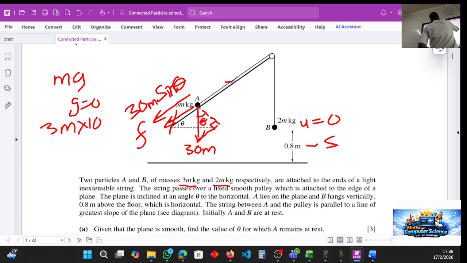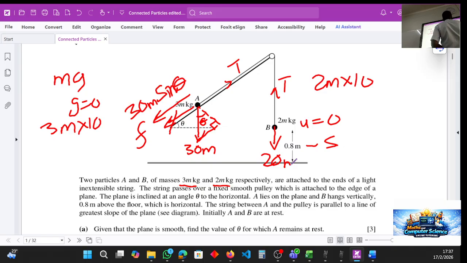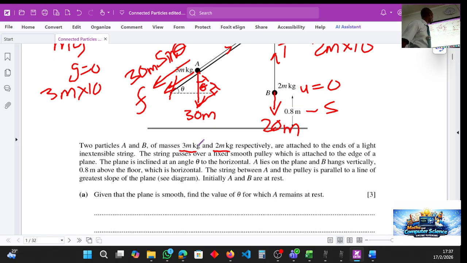And within the string, going upwards, we have tension. And even here, opposing the weights, we have tension. But going downwards here, we have the weight of the object, 20m. Now, because we were told that the plane is smooth, I'm going to formulate two equations.